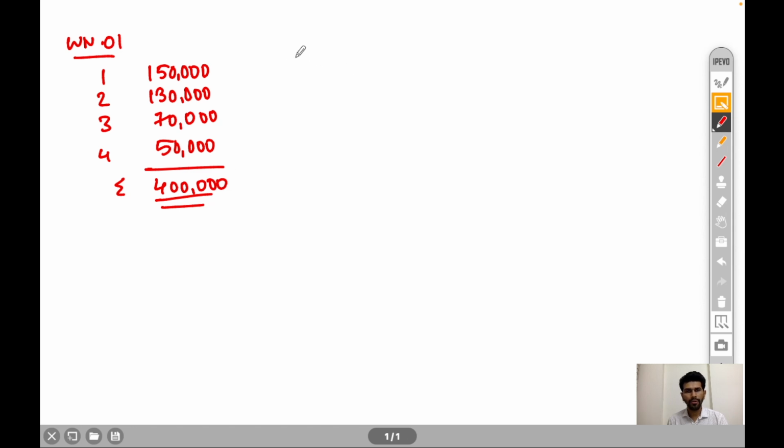So total profit divided by number of years, that is 4 lakh divided by number of years, 4 years, equal to 1 lakh rupees. This is the average profit.